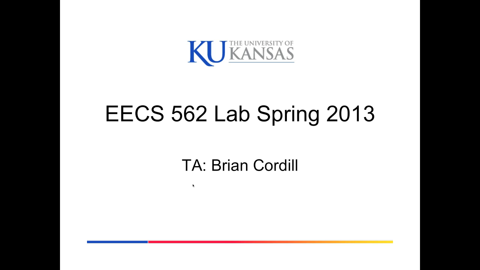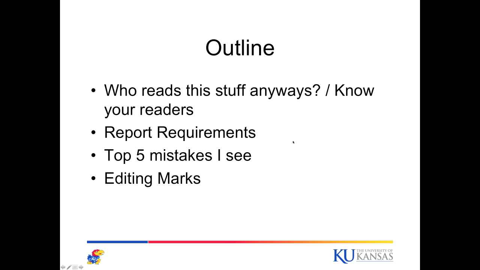I'm recording this module to help you get a jump start on the reports that are going to be a part of this lab. We basically have four things we need to go over today. We'll go over what I actually want in the reports themselves, but before we do that, we really write reports in specific ways for different technical readers.